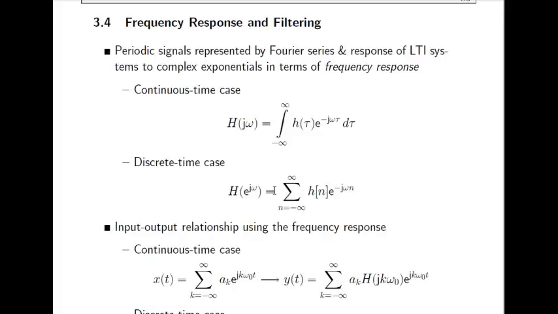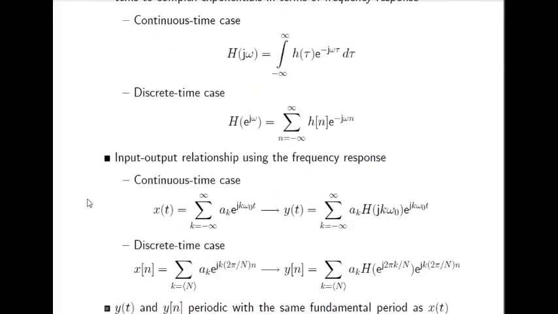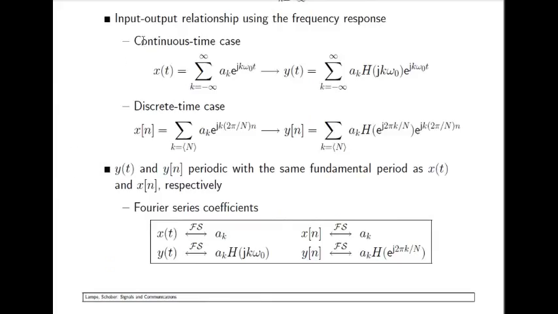Now let's see the input output relationship using the frequency response. For continuous time case we have the input x of t as the summation k equals minus infinity to infinity of a k e to the power j k omega naught t.